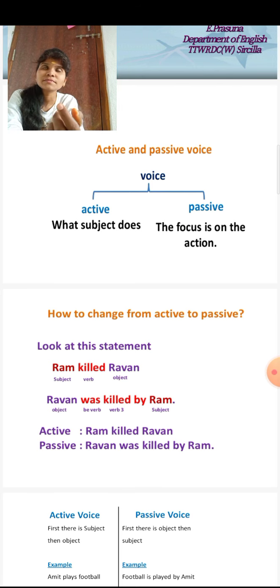First, you have to identify the tense which is in the active voice sentence. After identifying the tense, you have to transform the sentence into passive. So first observe in which tense the sentence is. After that, subject will become object and object will become subject. After that you have to add the helping verb which is suitable for that tense form.